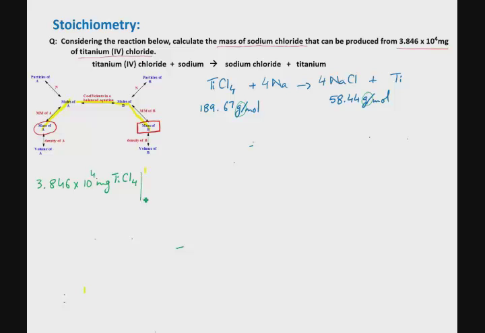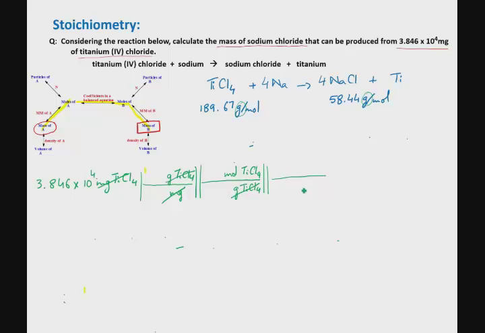So our first step would, of course, have to be to convert milligrams of TiCl4 to grams of TiCl4. Milligrams would cross out. Okay, once you have grams of TiCl4, now we can convert grams of TiCl4 to moles of TiCl4. Once again, take care of the units first, get them set up correctly, and then fill in the details.